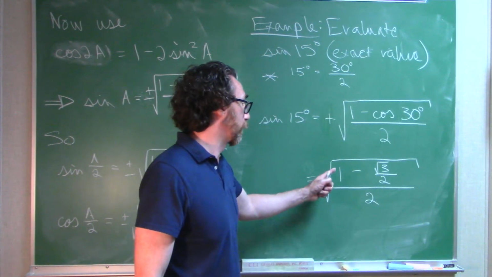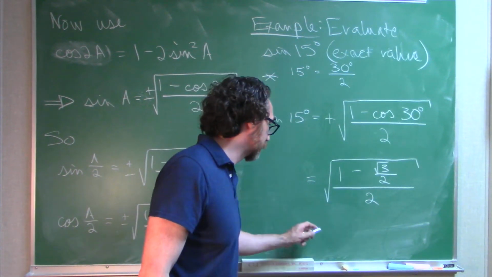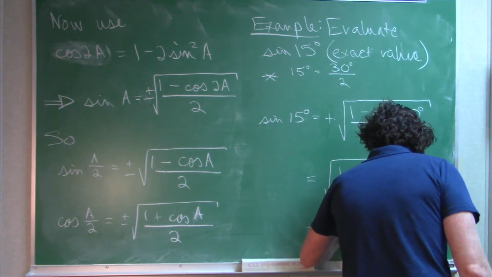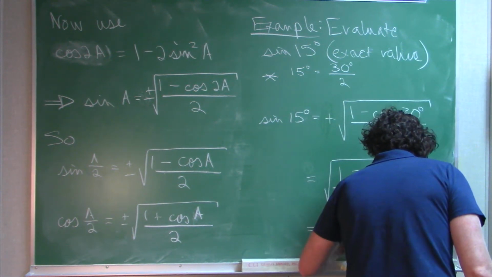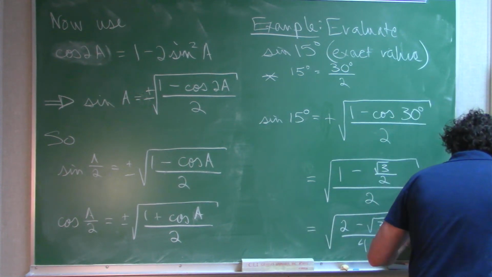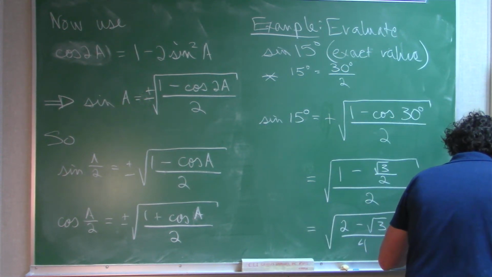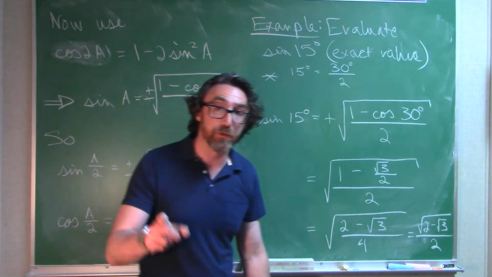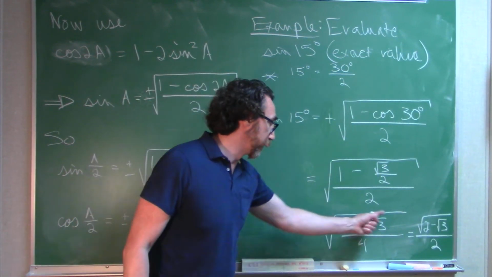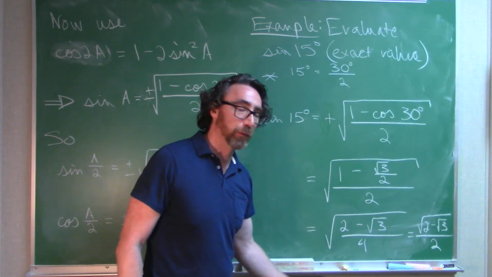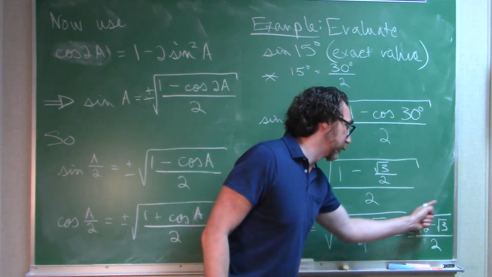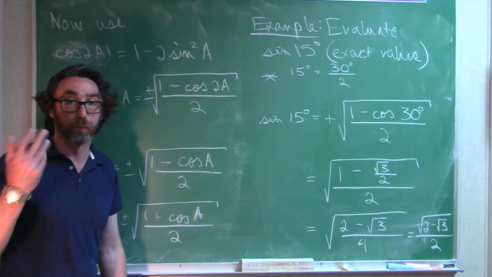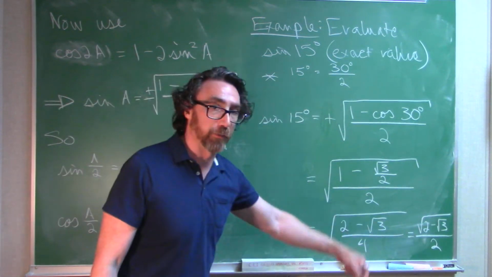Hit everything with a 2. Hit that with a 2. Hit that with a 2. Hit that with a 2. 2 minus radical 3 over 4. Square roots behave nicely with respect to multiplication and division. So the square root of this over that would be the same as the square root of this thing over the square root of that thing. We know the square root of 4 is 2, so we've got that right there.